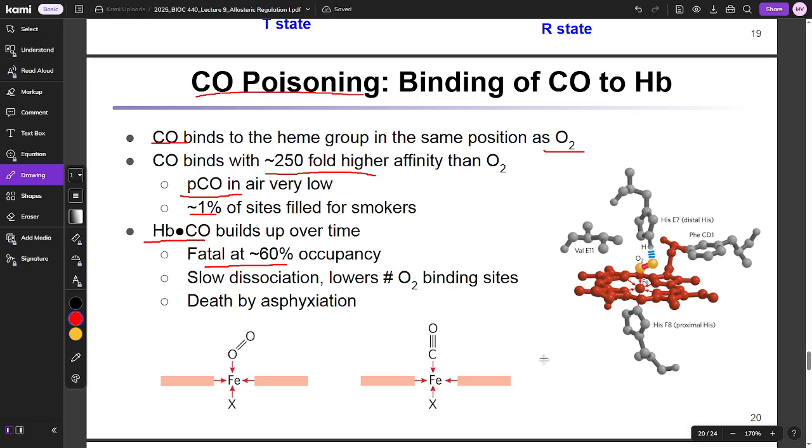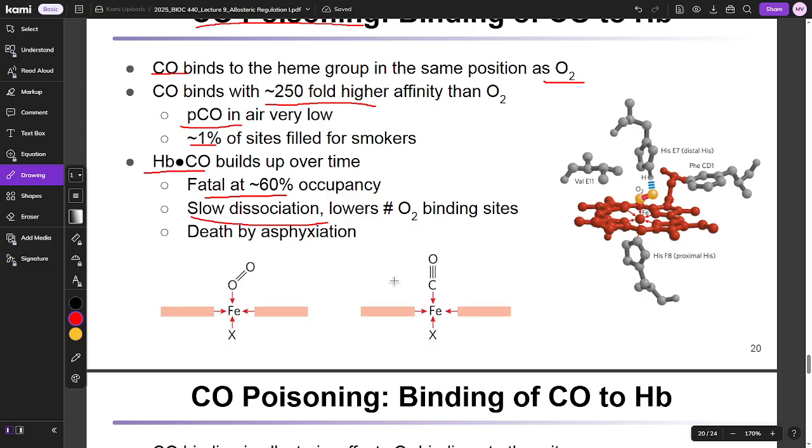So if you have 4 sites, and 2 of the sites are filled up with carbon monoxide, it can be fatal, a little bit more than 2 sites. Because it has such a high affinity, it doesn't dissociate, so it lowers the number of O2 binding sites available.